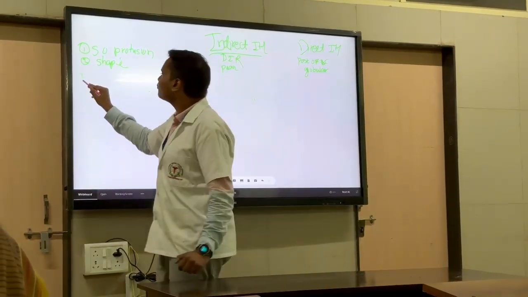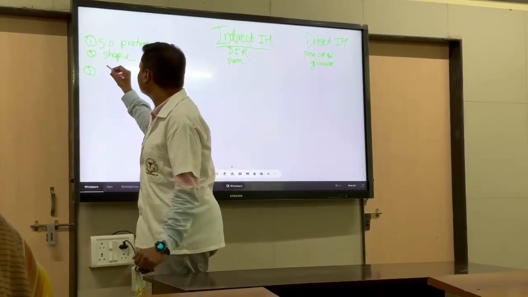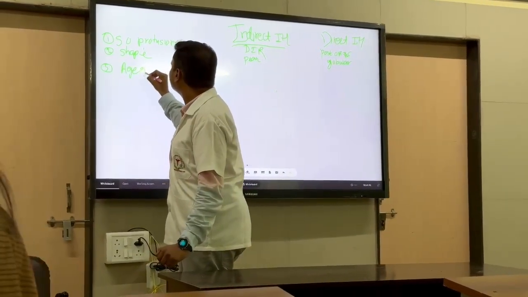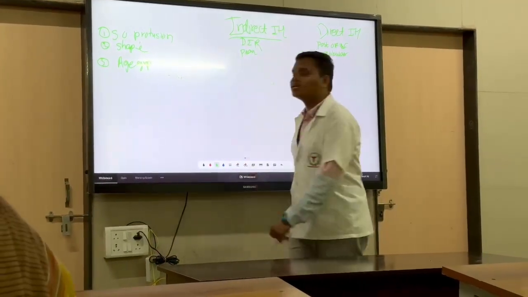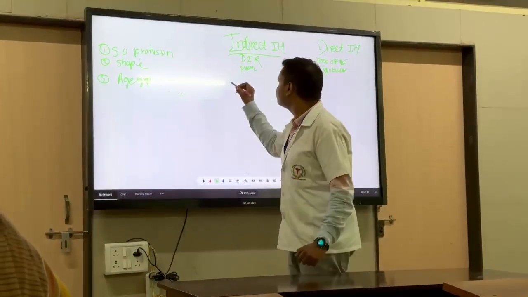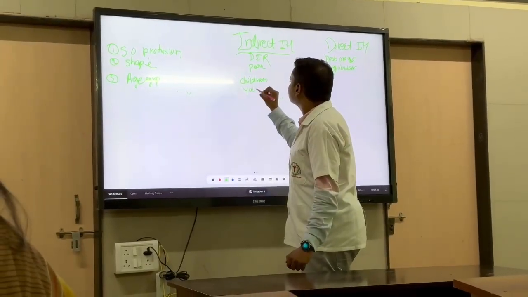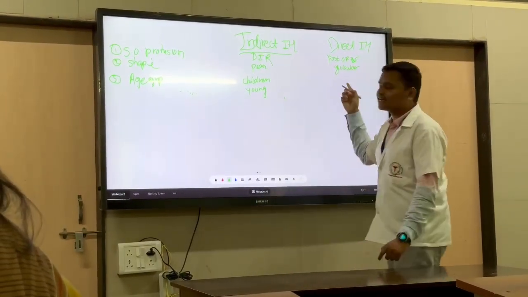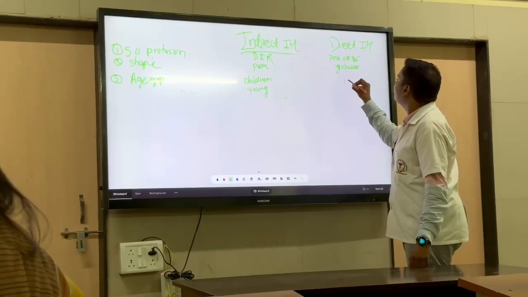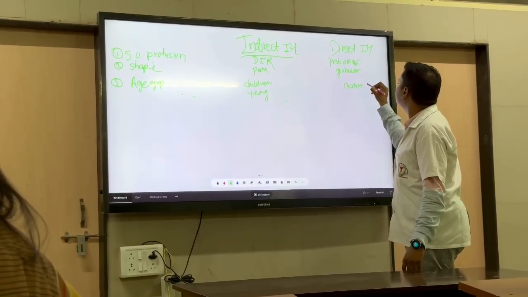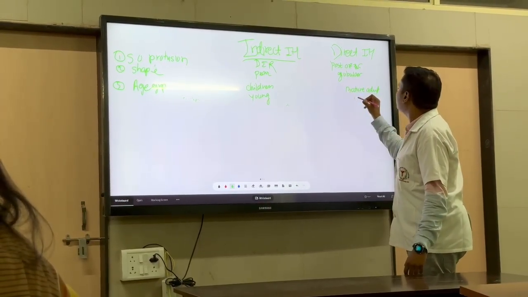Now, third point, we will discuss the affected age groups. The indirect inguinal hernia is more common in children and young adults. The direct is more common in mature adults and old people.